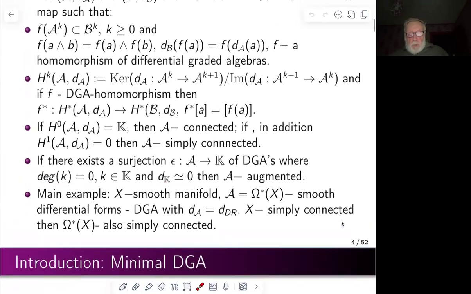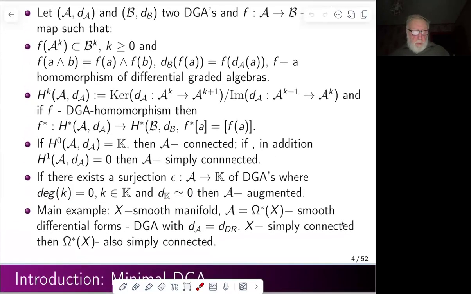The main example, you probably know better than me, is the so-called differential graded algebra related to smooth exterior forms on a smooth manifold X. And the corresponding differential is the usual de Rham differential.